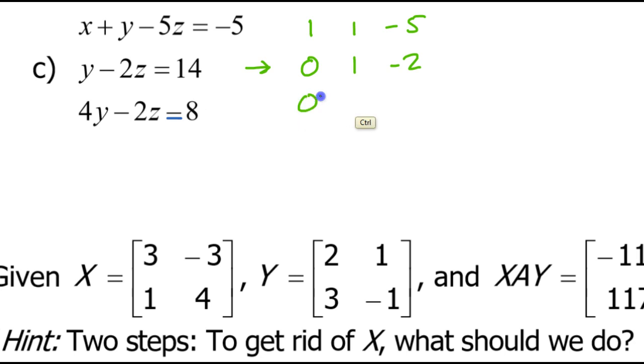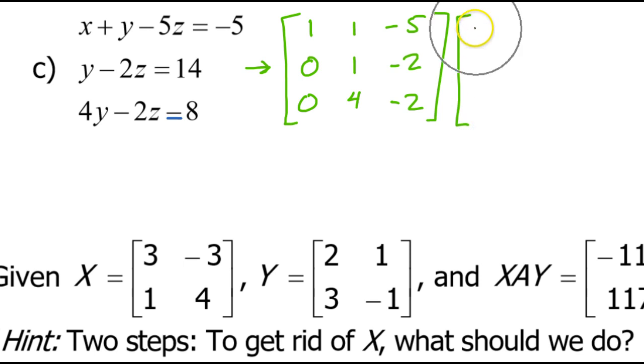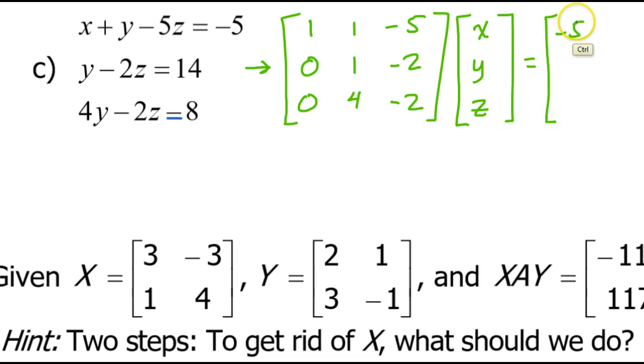And I'm going to have 0, 4, negative 2. So that's my first matrix. And then the variable matrix, of course, is simply x, y, and z. That's the variable matrix. And that will equal the solution matrix, which is negative 5, 14, and 8.